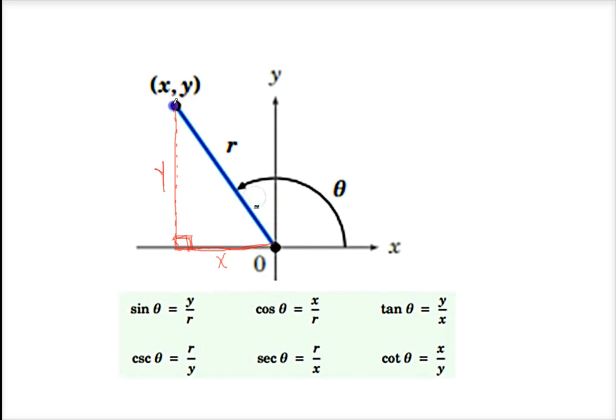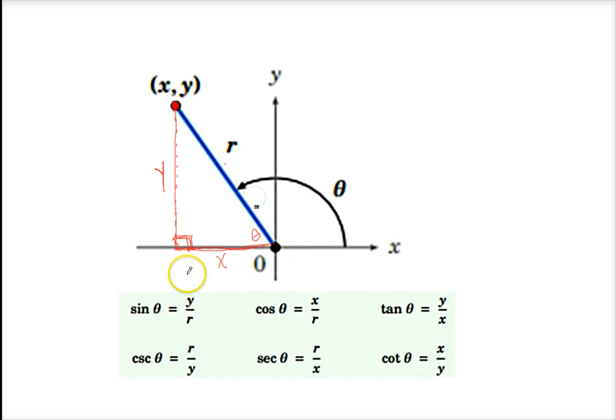Now we're going to transition into using the point x, y to find our sines, cosines, and tangents rather than having this triangle drawn out for us. So it makes sense that sine would be y over r, right? Because if this is our angle theta, sine is equal to opposite over hypotenuse.